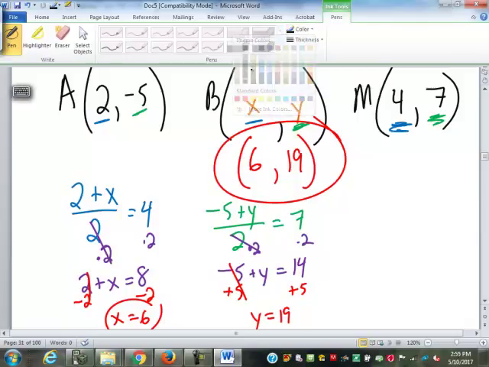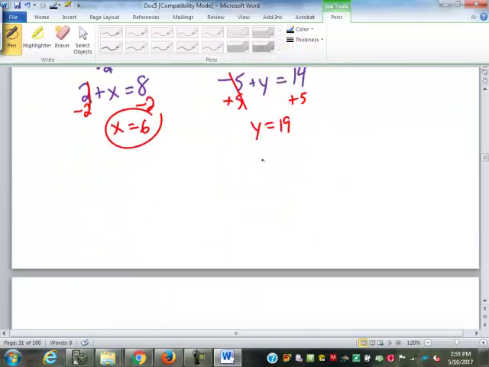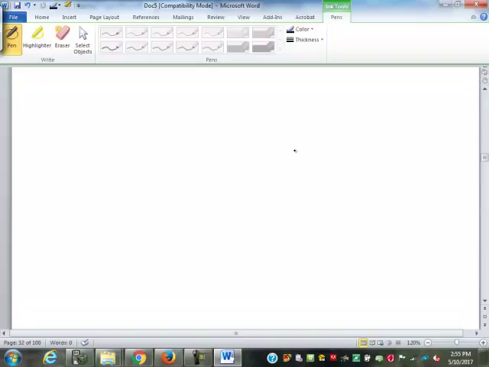Okay. The next formula we had that we worked with was the distance formula or length formula.